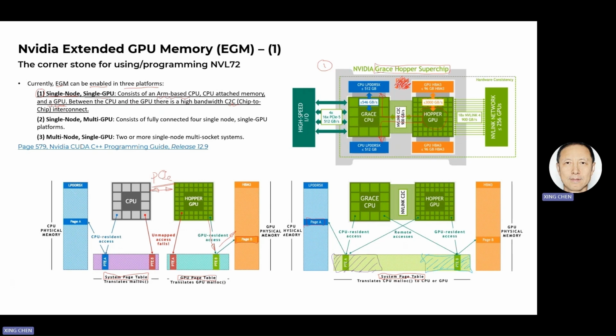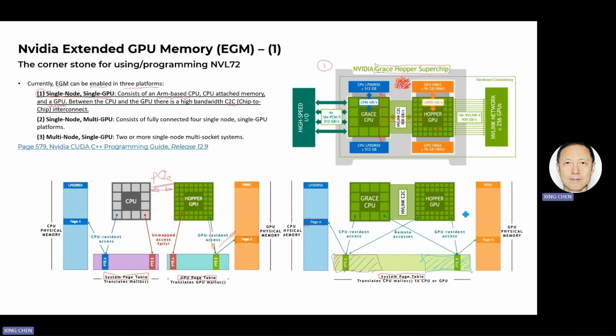Then something is not convenient here: each time the GPU wants to access the CPU memory, it has to ask the CPU page table to do the translation of the virtual address to the physical address. And it is not practical.